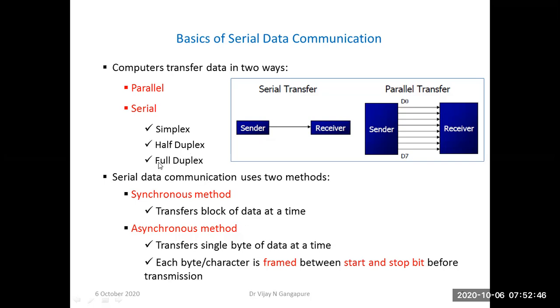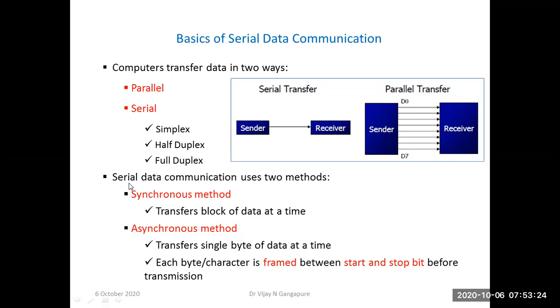And the last type of serial transfer is full duplex, which means data transfer is possible in both directions at the same time. An analogous example of full duplex is a telephone or mobile phone, by which we can call each other and both persons can talk at a time, and both can listen to the conversation. So that is the full duplex type.